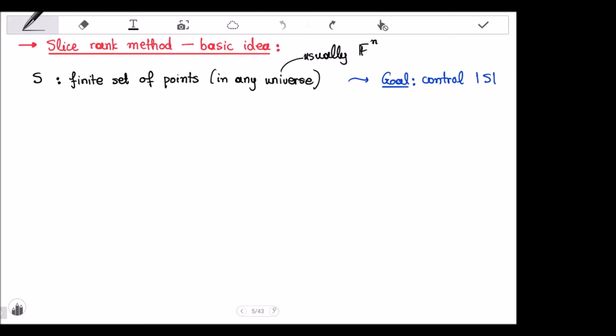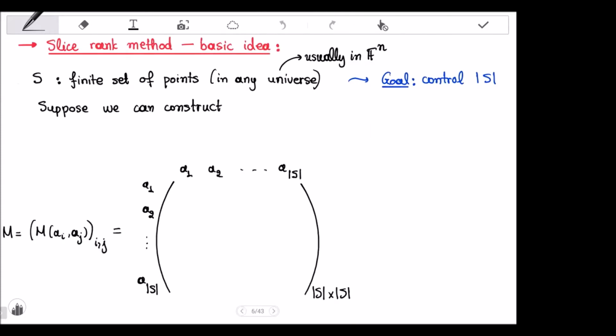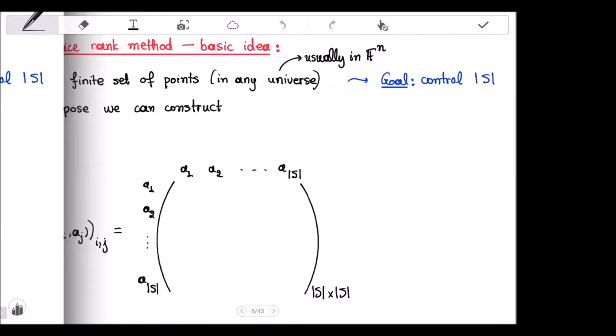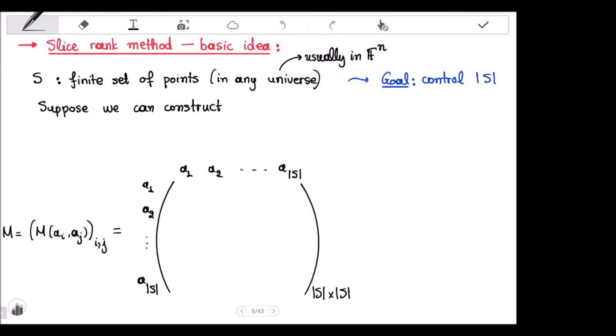So the idea is, suppose we can construct something like this. A matrix, so these inputs here are elements of the set S that we want to understand.